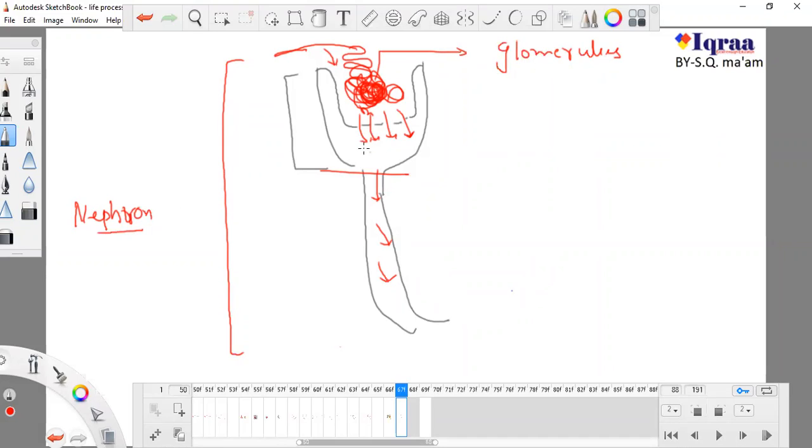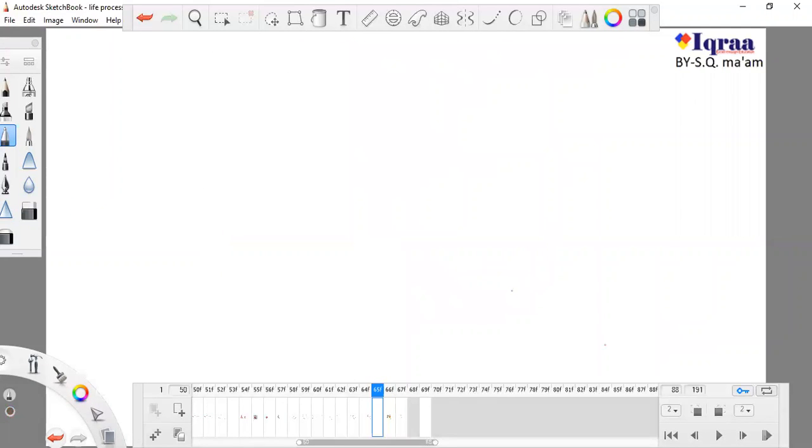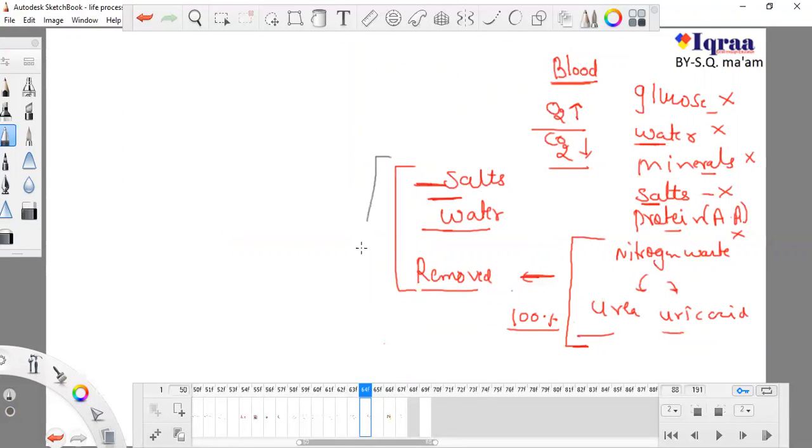But what happened exactly, the full amount of blood gets into this nephron part. So the capillary thinks that I don't want to remove each and every part of the blood. I just want to remove some waste product. I just want to remove this part.